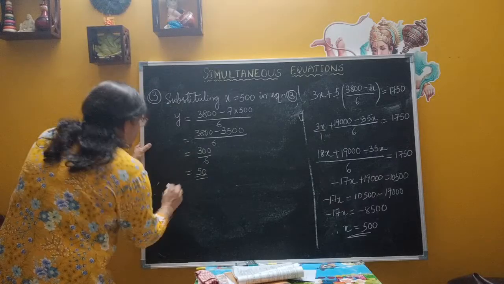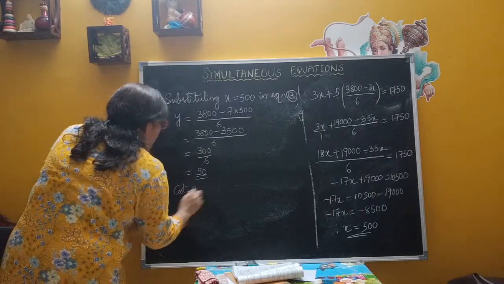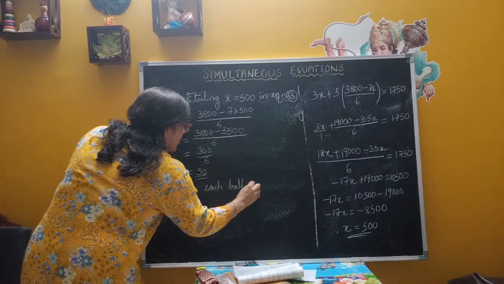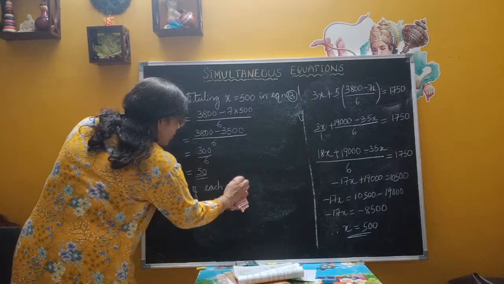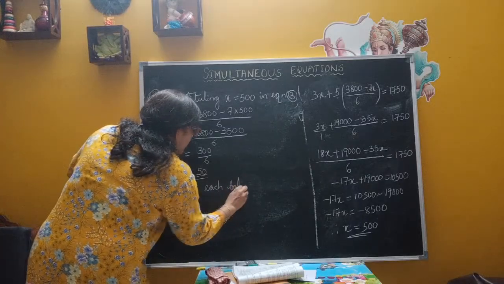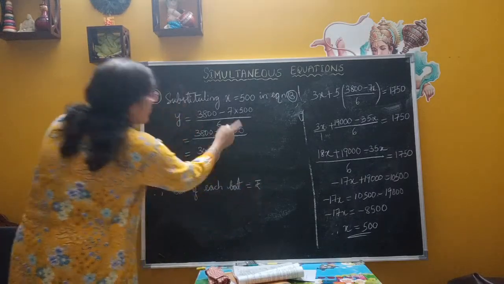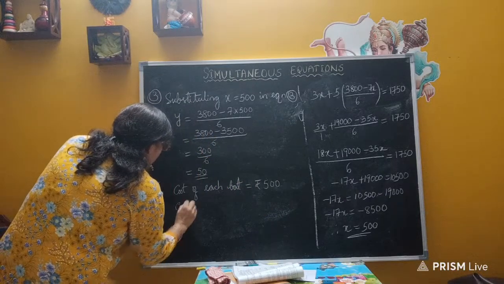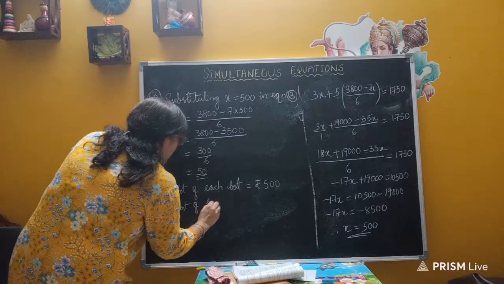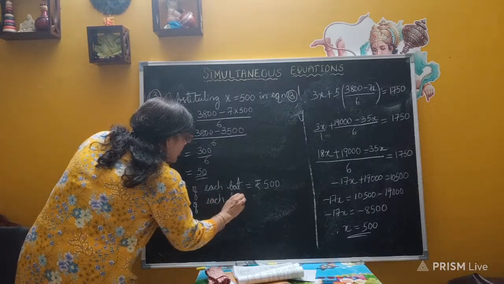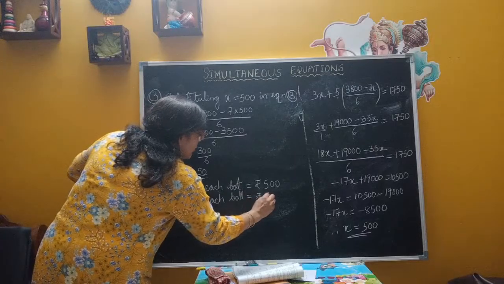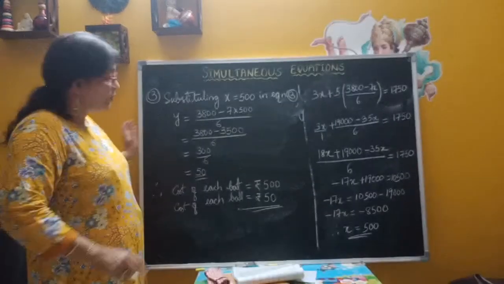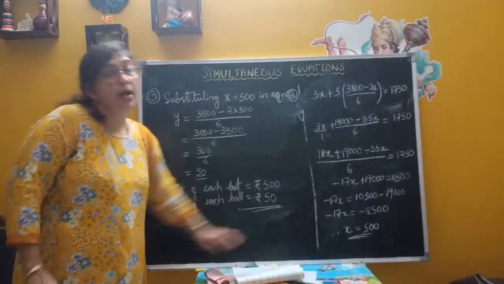Therefore, the conclusion is: the cost of each bat is rupees 500, the x value, and the cost of each ball is rupees 50, the y value. The solution is 500 and 50. The pair of solution, 500 and 50, are the values of x and y.